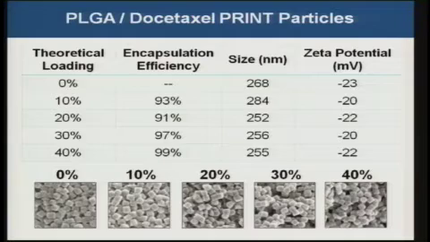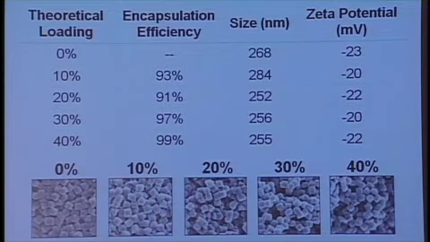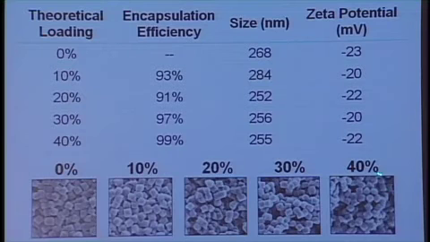This is simply PLGA and docetaxel, and we have encapsulation efficiencies that are derived from the simple molding process that are very high relative to kinetically trapping the drug. These are all the same size, all the same shape, but they vary dramatically in drug content, from 40% drug to no drug. We keep the size constant, we keep the zeta potential constant.